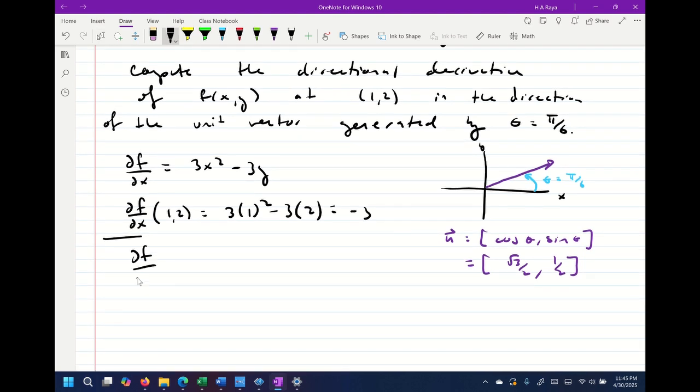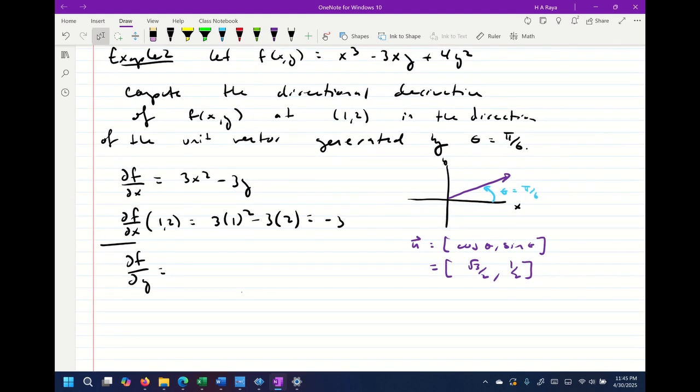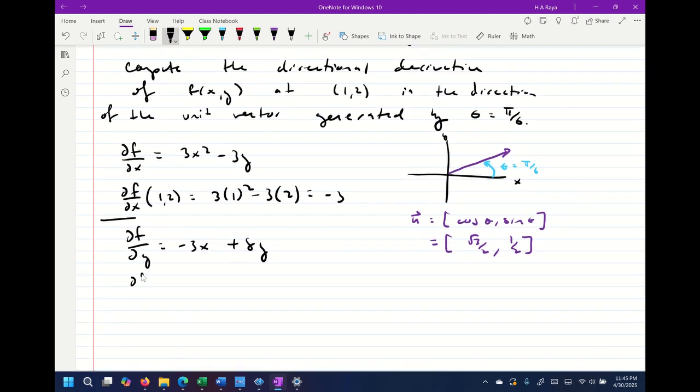Taking the partial derivative of f with respect to y, we would have negative 3x plus 8y. And evaluating this partial derivative at 1, 2, we would have negative 3 times 1 plus 8 times 2. So that's 16 minus 3, so that's 13.